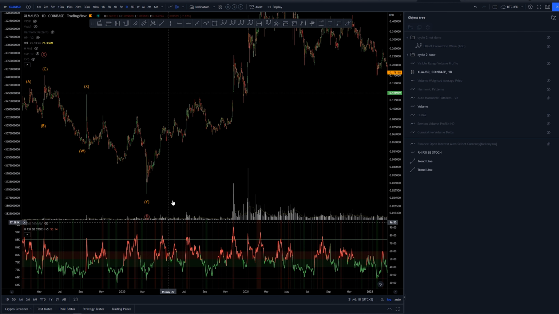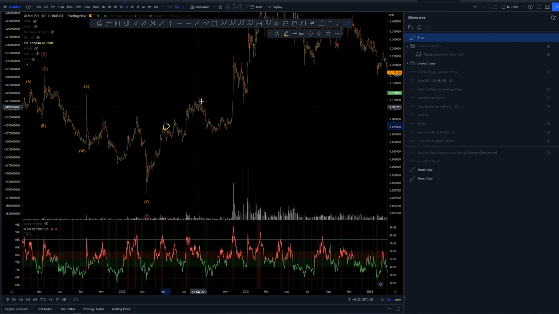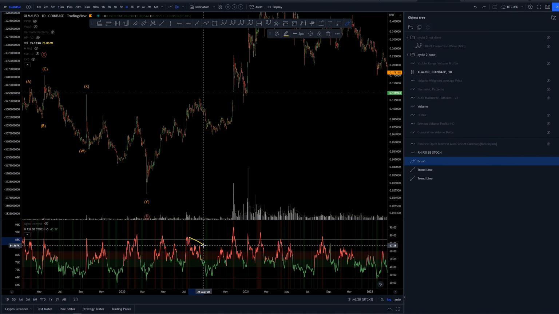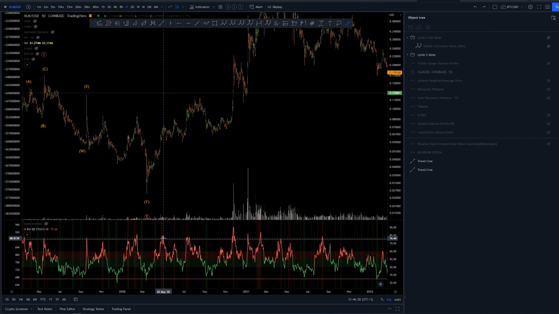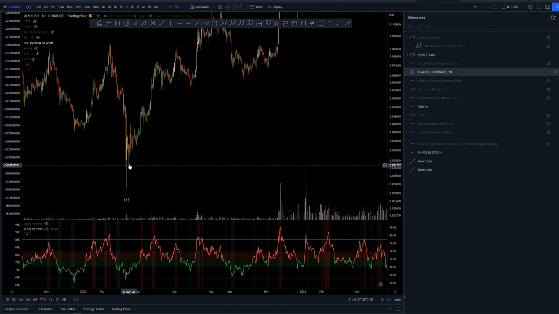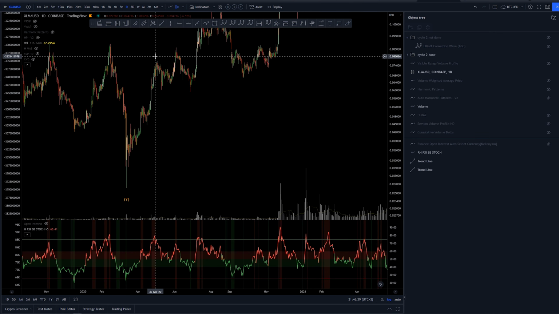We have a divergence between these highs. So these highs definitely do have a divergence here as well, and here if we need it. So what I can see here is some kind of 1, 2, 3, 4, 5 possibly.